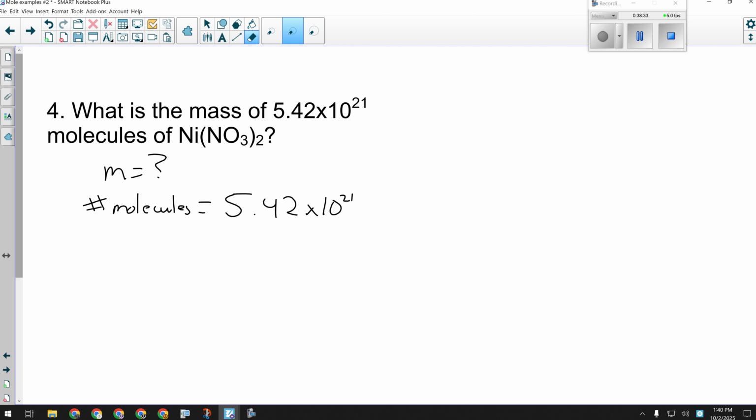Okay, so we've got the number of molecules and we're told the material is nickel(II) nitrate. All right, so if I'm calculating the molar mass of this stuff, first I have nickel, which is 58.69. There's only one of those, okay? Plus, how many nitrogens? 2.